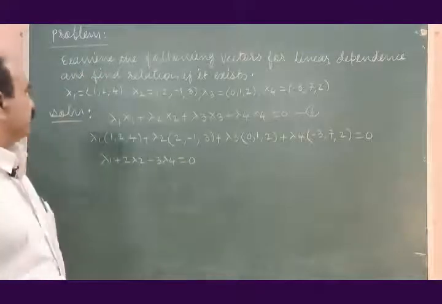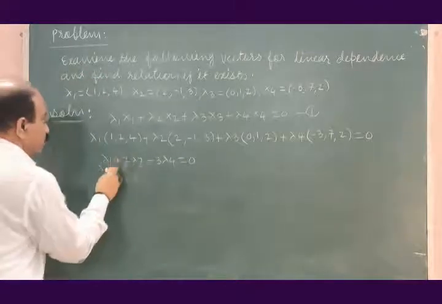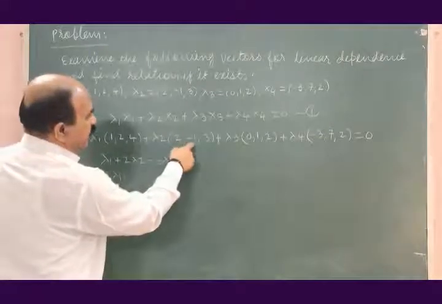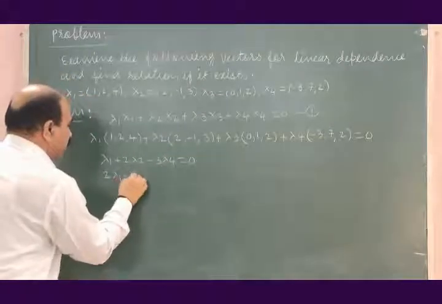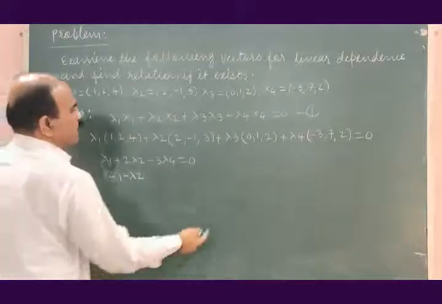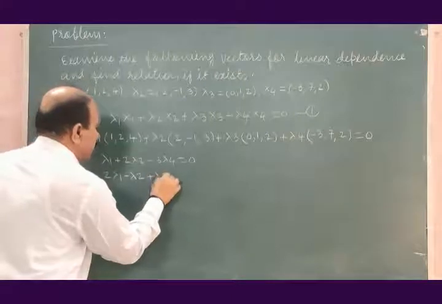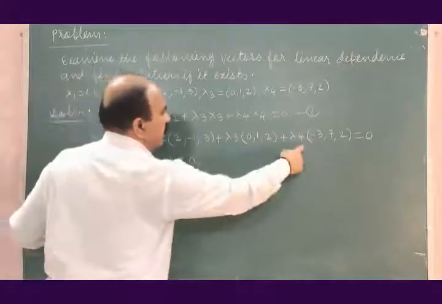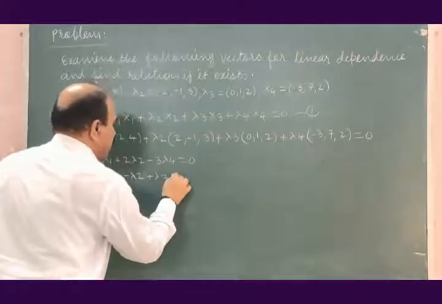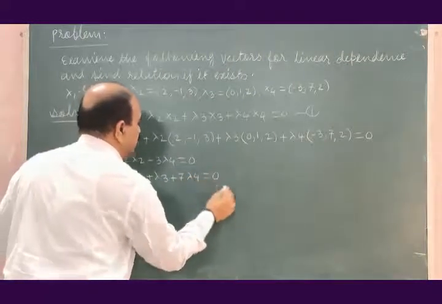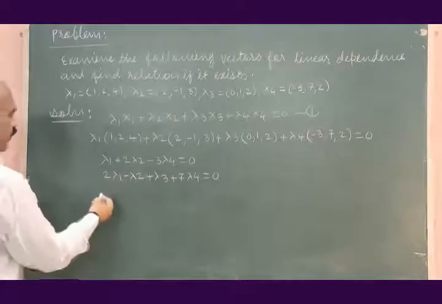Then lambda 1 into 2, 2 lambda 1; lambda 2 into minus 1, minus lambda 2; lambda 3 into 1, plus lambda 3; lambda 4 into 7, plus 7 lambda 4 is equal to 0.